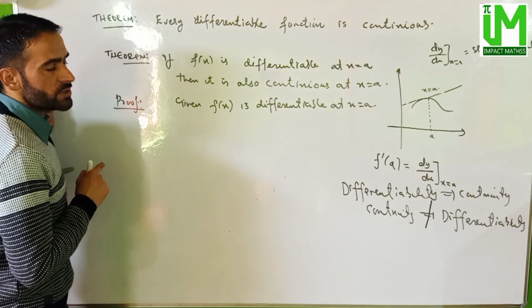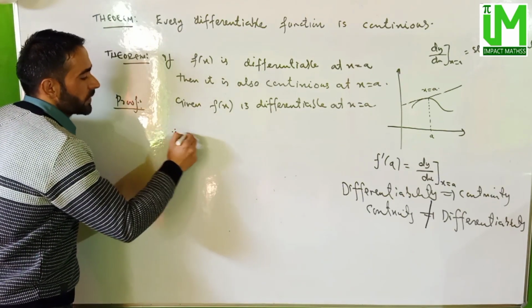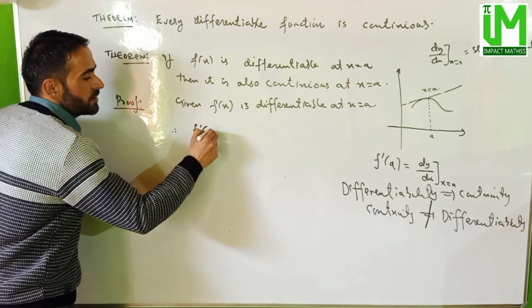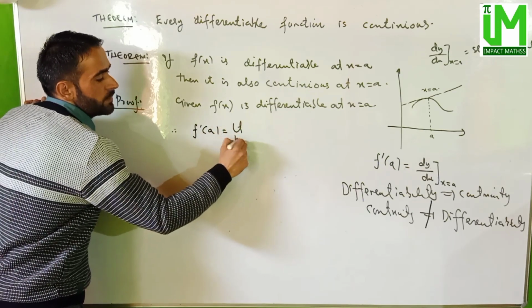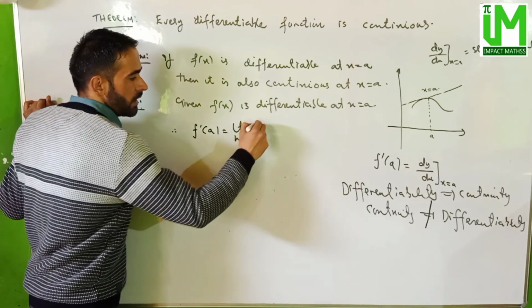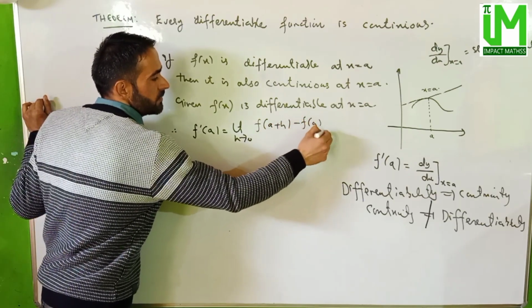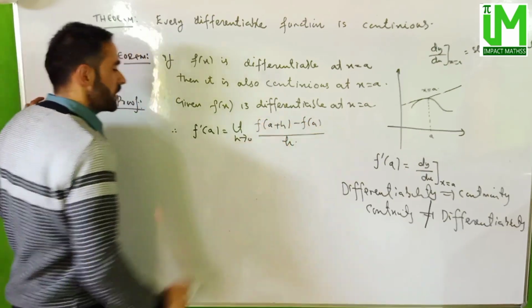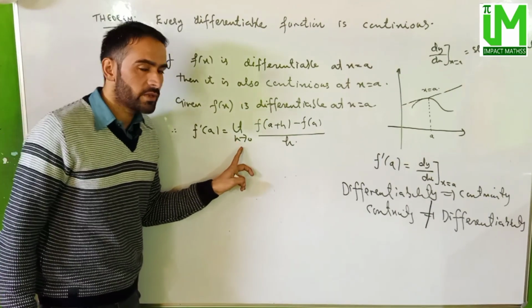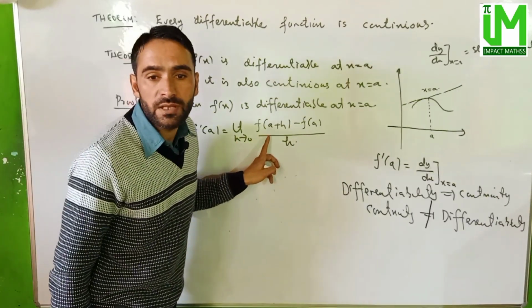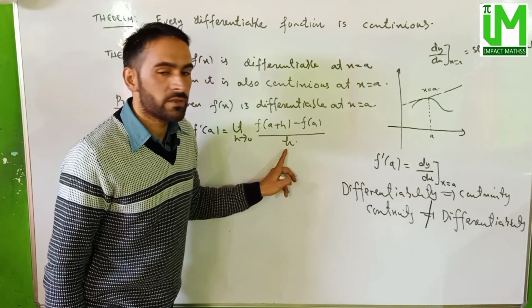So given f(x) is differentiable at x equal to a, therefore f dash of a is equal to limit h tends to 0 of f(a plus h) minus f(a) divided by h.